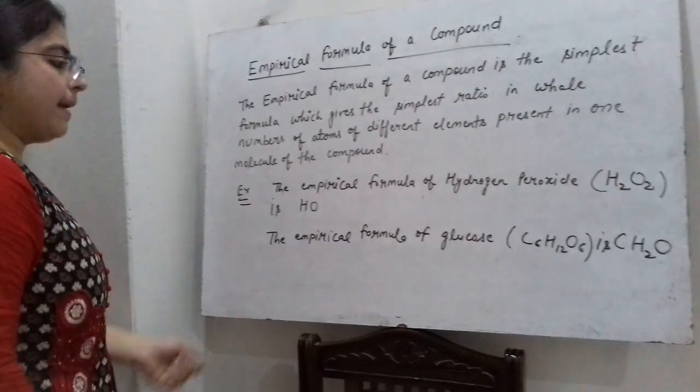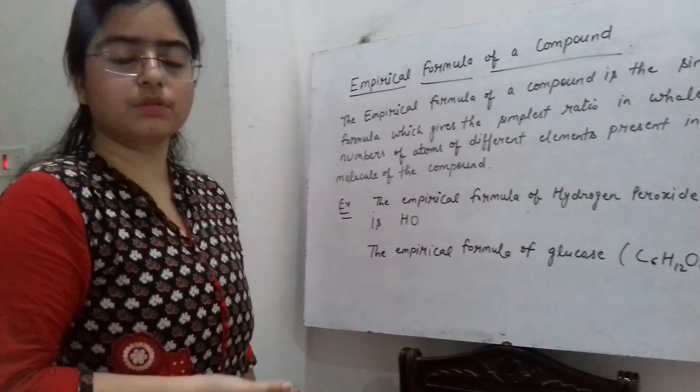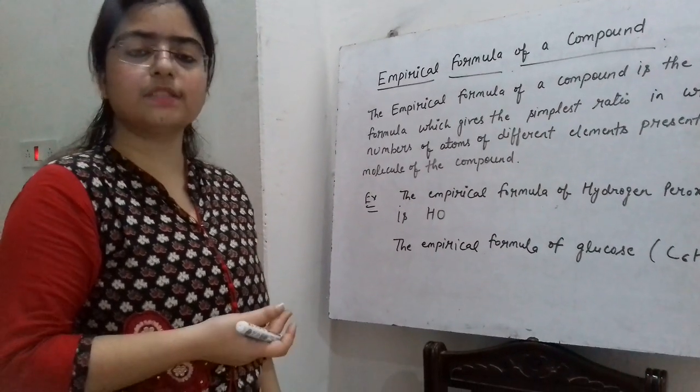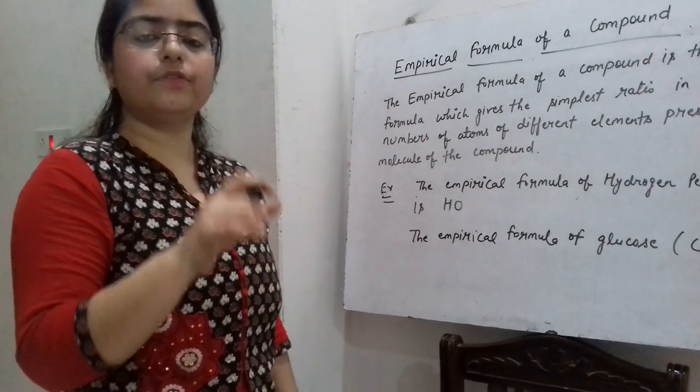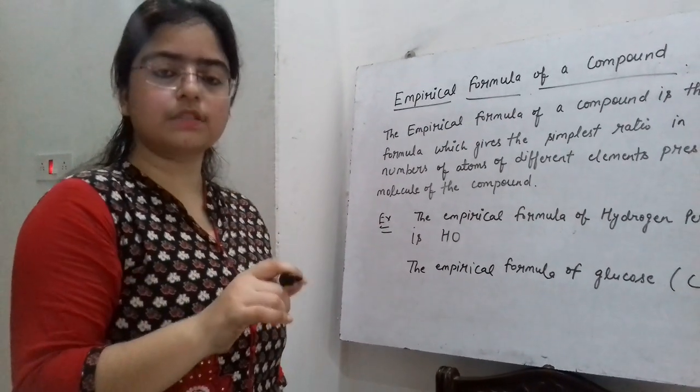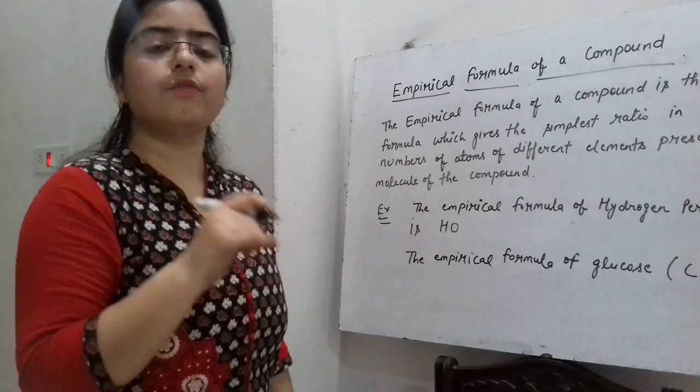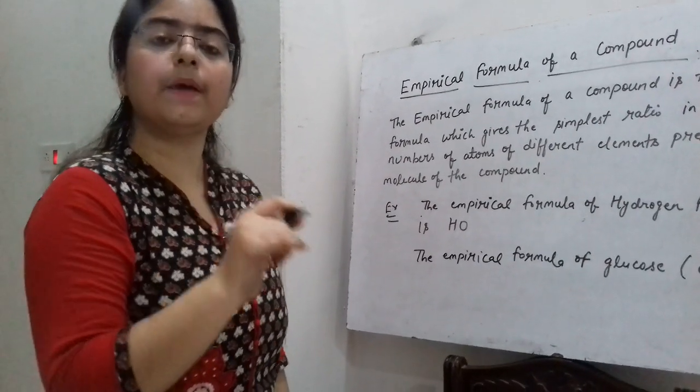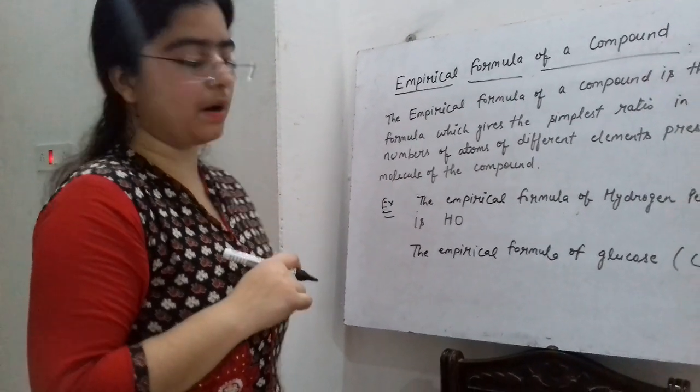Now what is empirical formula mass? Empirical formula mass means the sum of the relative atomic masses of different elements which are present in the empirical formula of the compound.